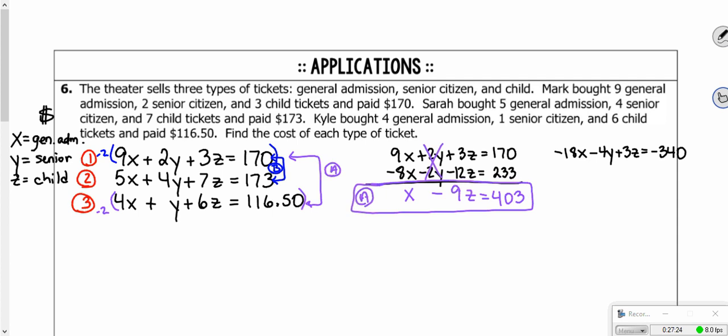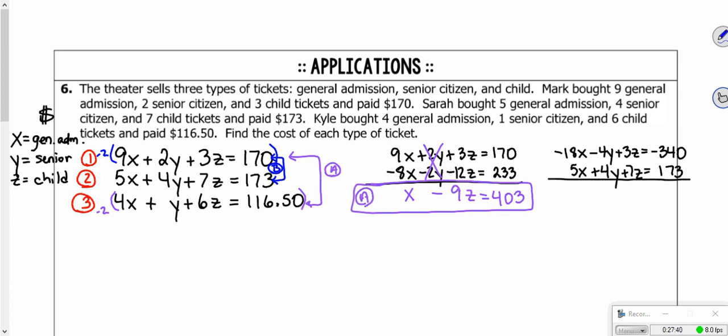And my number 2 equation right under it, 5x plus 4y plus 7z equals 173. Okay, now add those up.